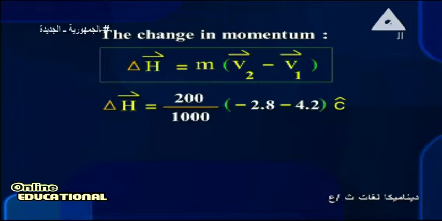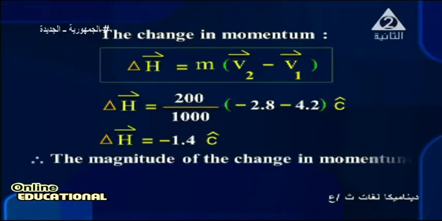Note that the mass of the ball is 200 gram and we convert it to kilogram, because the example says to calculate using the kilogram meter per second unit the magnitude of the change of momentum. Then delta H equals negative 1.4 c.